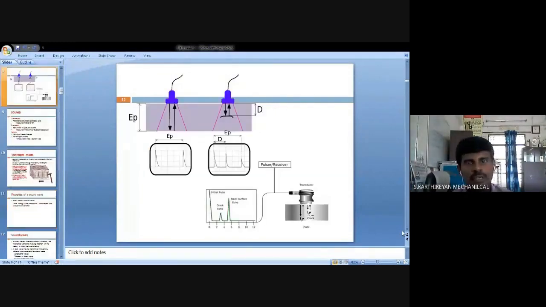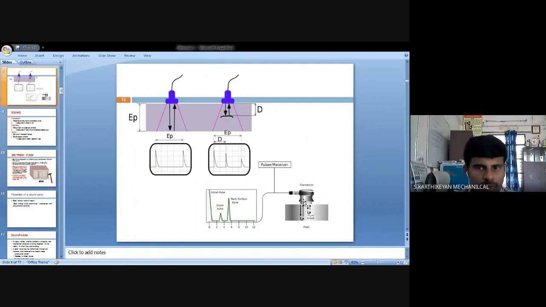In this picture, we clearly notice how the defect is situated in the workpiece, right? At the bottom of the surface, this is the probe, one of the transducers, and this is the workpiece. We slowly move the probe from the starting edge to the ending edge.